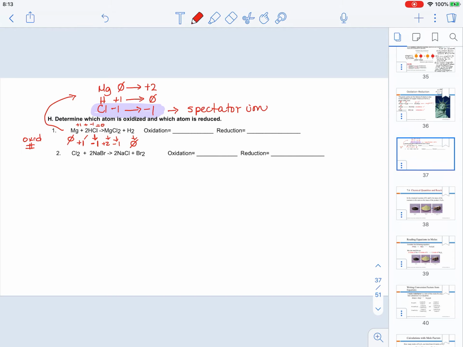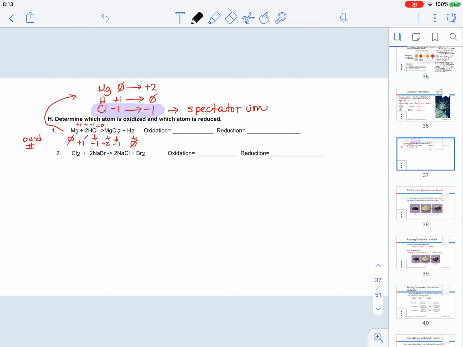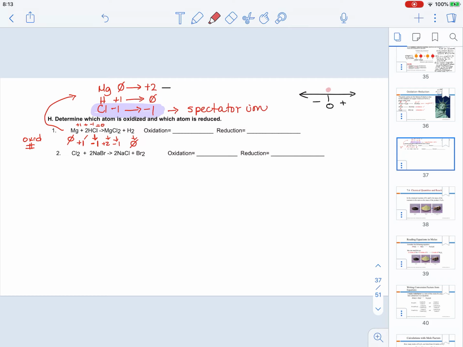So when we look at these, we should note that because magnesium went more positive, let me just rewrite my number line. Magnesium went from 0 to positive, okay?